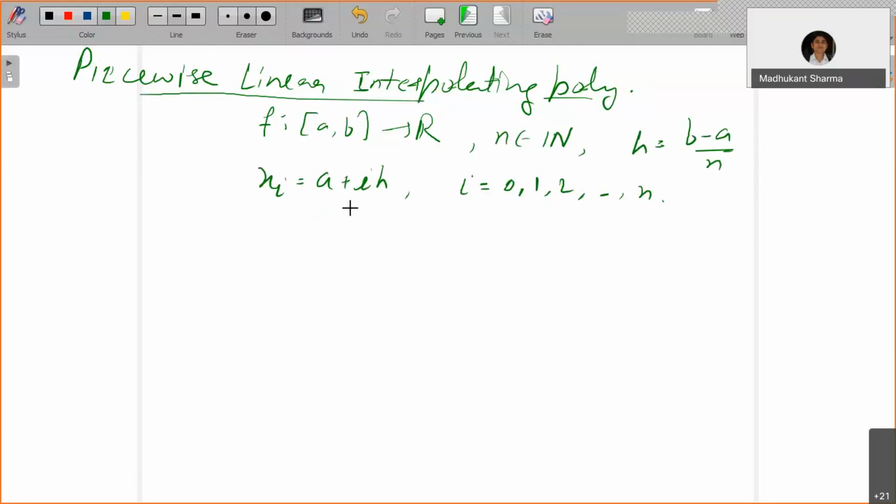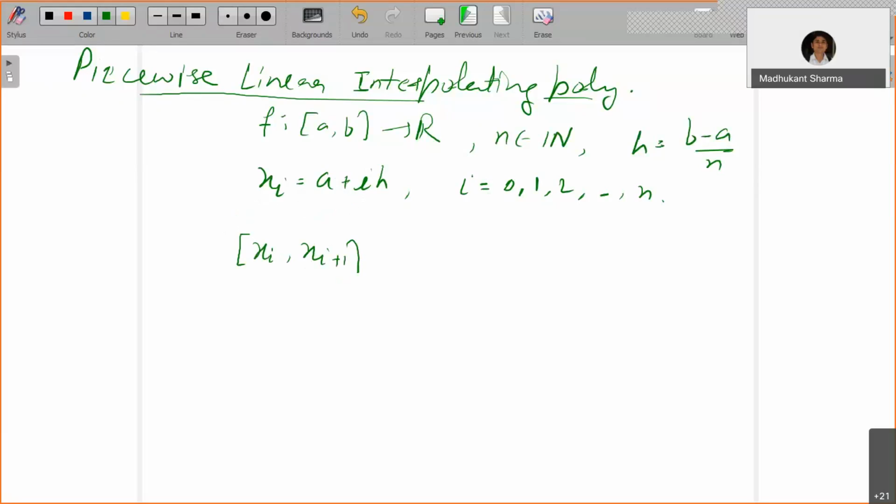We want the function to be continuous. Consider the interval xi to xi plus 1. There are n sub-intervals.